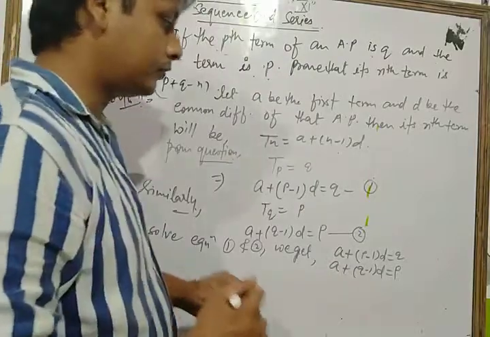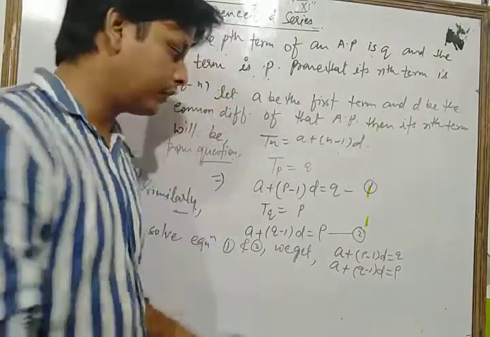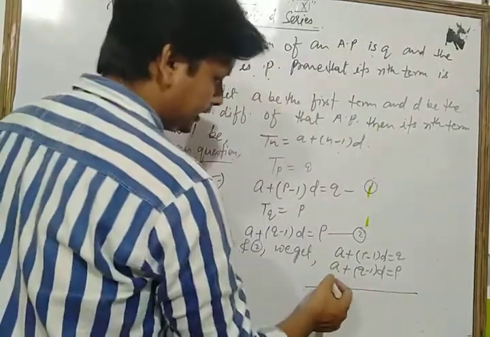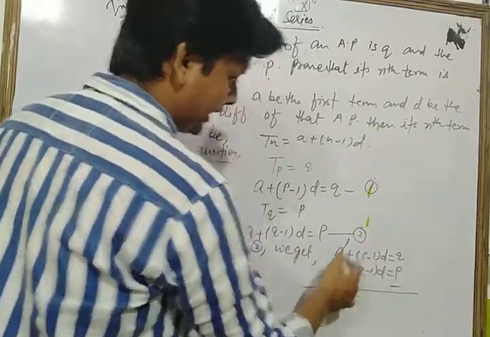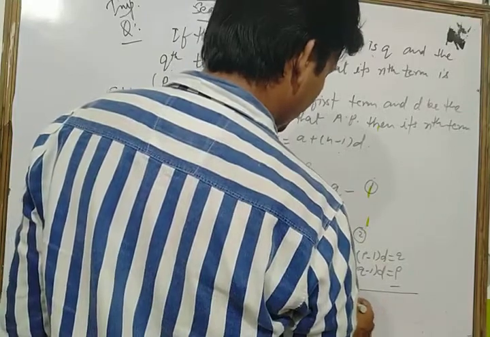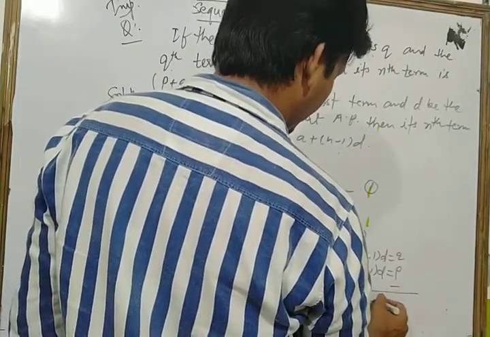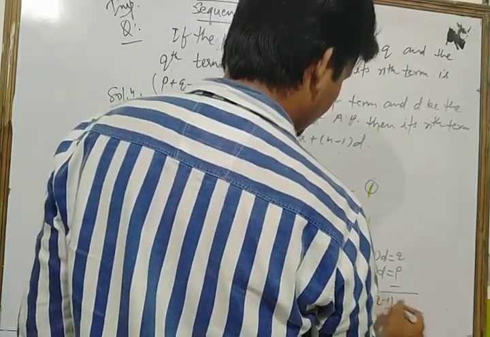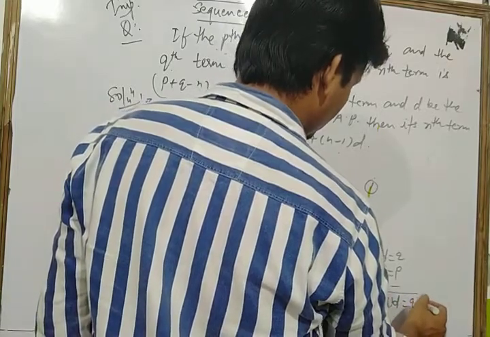Now first of all we subtract, minus plus minus plus, so a and a cancel out. Now we have (p minus 1) into d minus (q minus 1) into d is equal to q minus p.